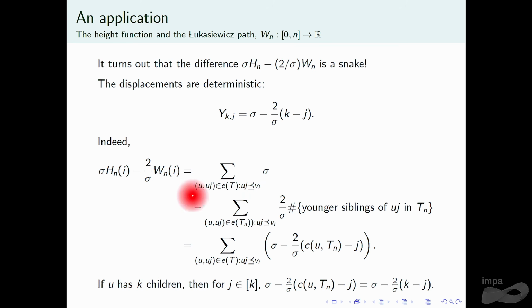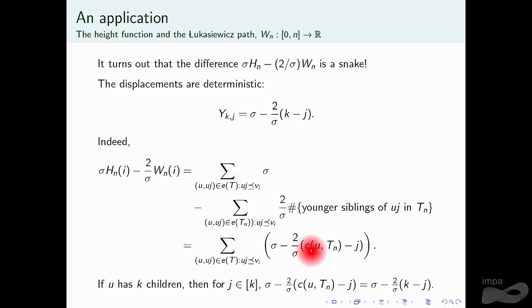And then the Łukasiewicz path, well, we also sum along the path from the root to this vertex, but we're just going to sum up the number of younger siblings of the vertex that we're seeing along the path. So whatever is lying to the right of the path that we'd been exploring.